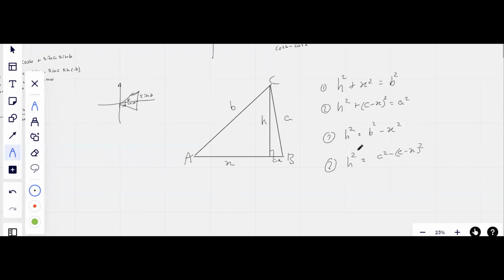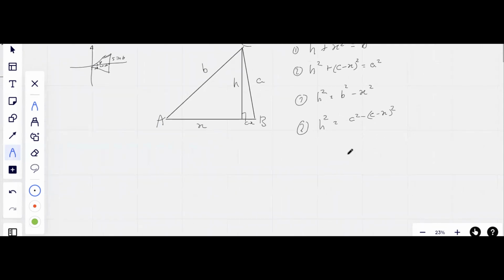Because both equal h squared, we can make them equal to each other, which implies that b squared minus x squared is equal to a squared minus c minus x squared.